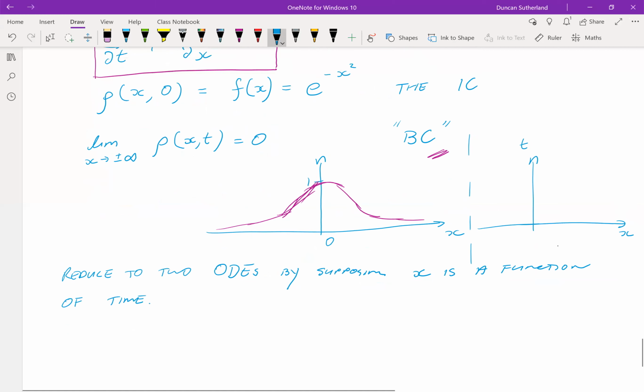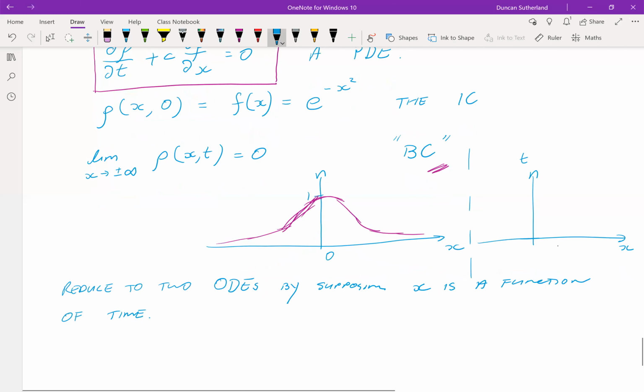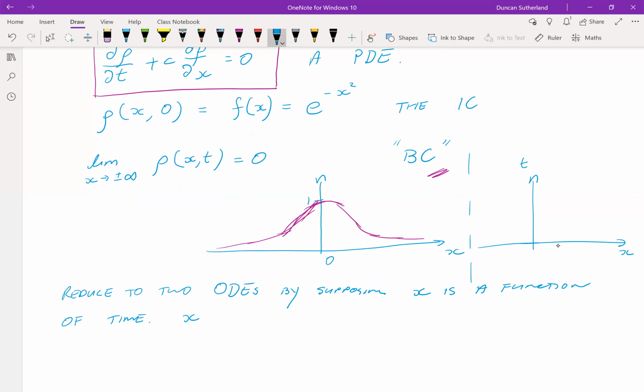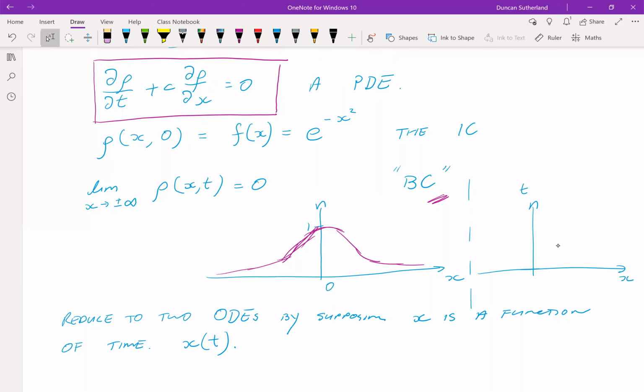And we suppose that x is a function of time, x of t. Therefore, rho is a function of time alone.